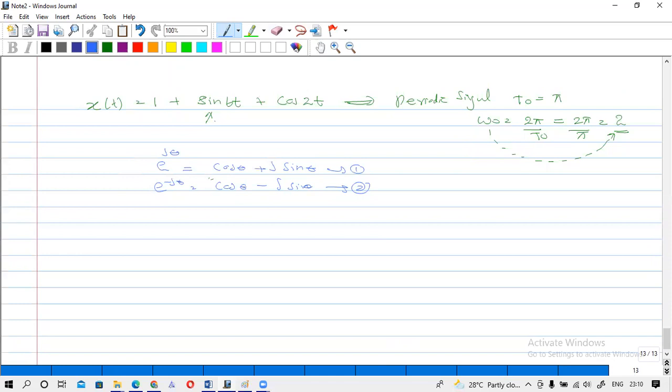So you have to find the sin theta. If you subtract 2 from 1, the cos theta cancels out, and you have j sin theta minus minus j sin theta. That means 2j sin theta is equal to e to the j theta minus e to the power minus j theta. So sin theta is 1 by 2j e to the power j theta minus 1 by 2j e to the power minus j theta.